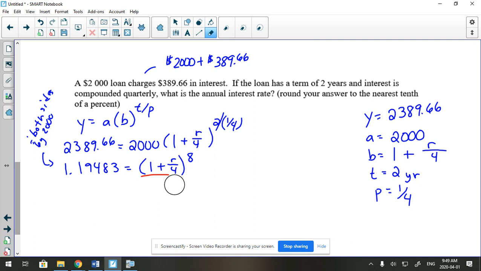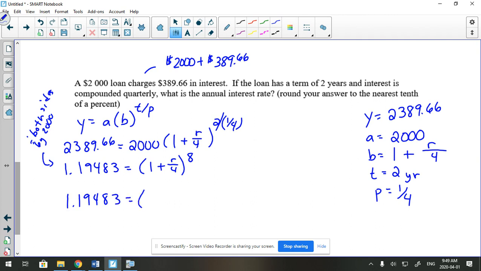So if you raise both sides of this equation to the reciprocal of your exponent, because remember your rules, power to a power you multiply, so 8 times 1/8 is just a 1. It's going to cancel out that exponent. You can do this anytime you have something raised to an exponent. Raise both sides to the reciprocal of that exponent.